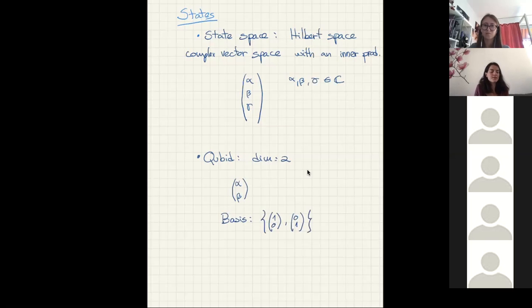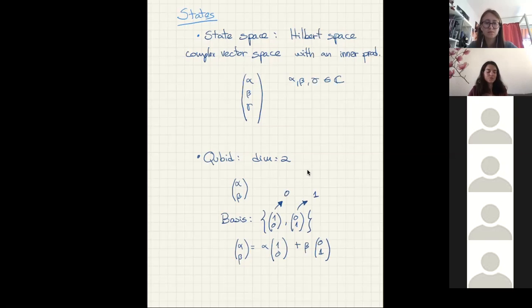Okay. And then you can write this state. We just expand it in this basis: alpha 0 plus beta 1. Okay. And now, because we don't want to write these vectors all the time, we give these names. We call this the vector 0, and we call this the vector 1.